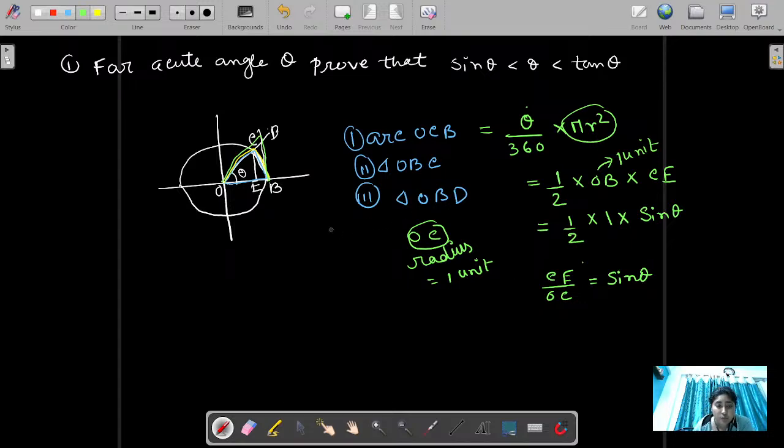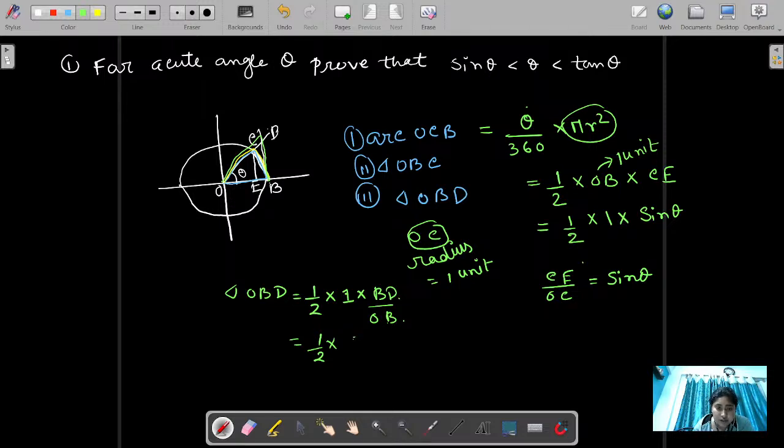Now what about OBD? Triangle OBD is also half into base into height. Base is OB again, so OB is 1. And what is BD? BD by OB is perpendicular by base.